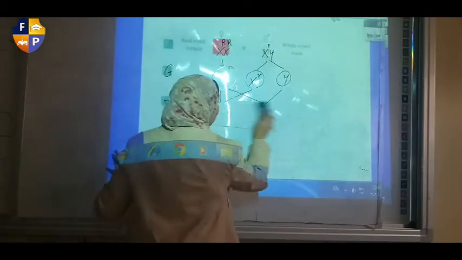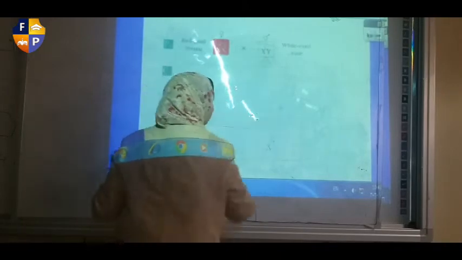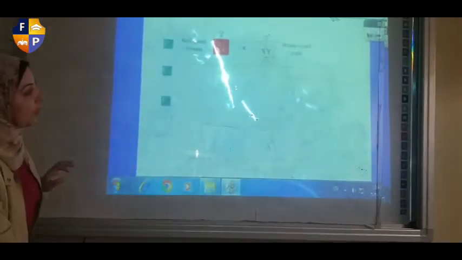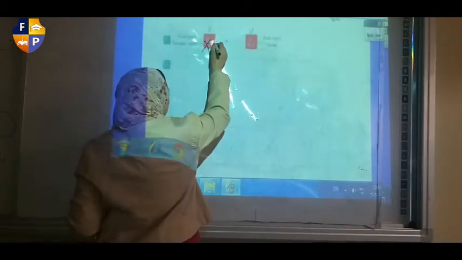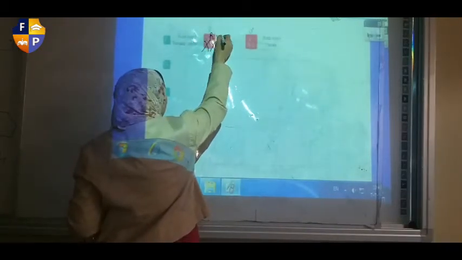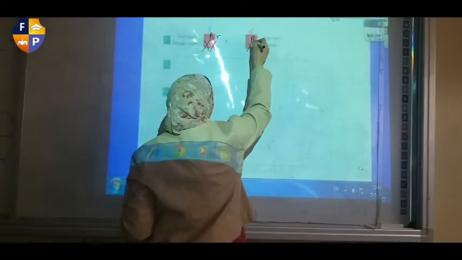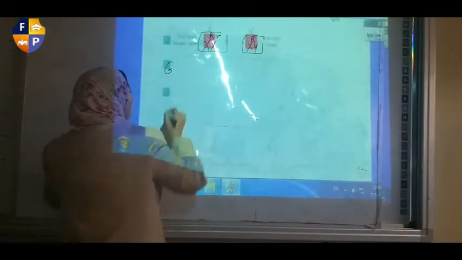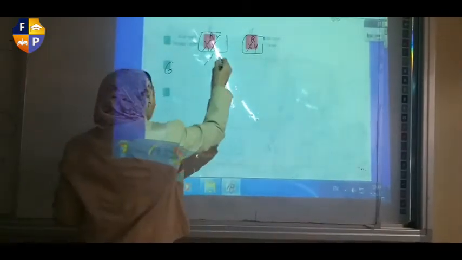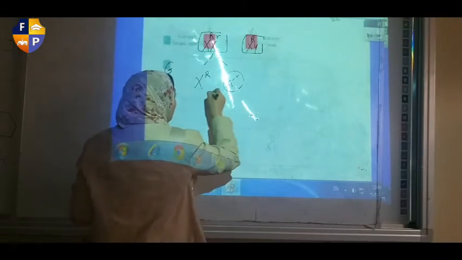What happened in the second generation? Let's see. In the second generation, a female with red color eye and a male with red color eye. The first step is the formation of gametes. The female produces XR or Xr small.